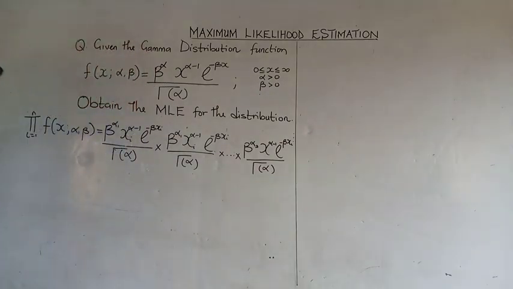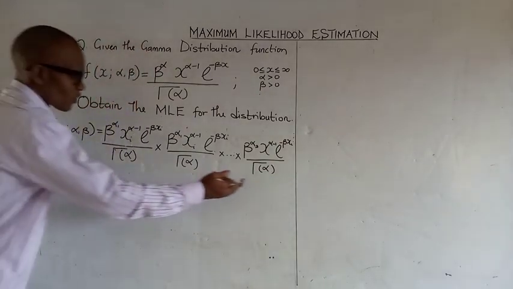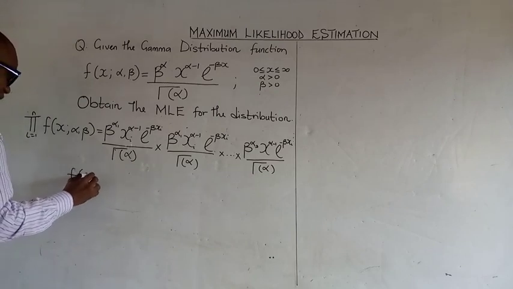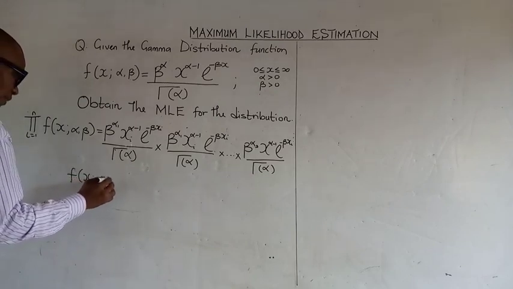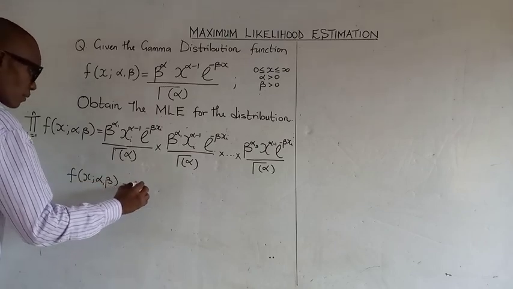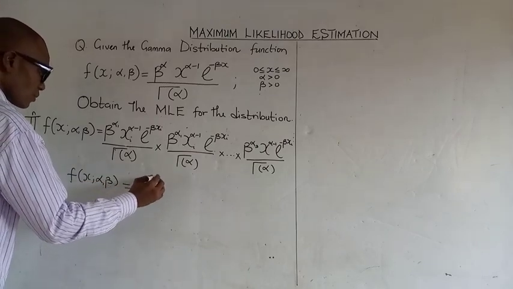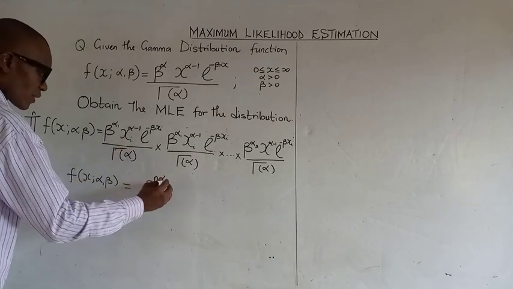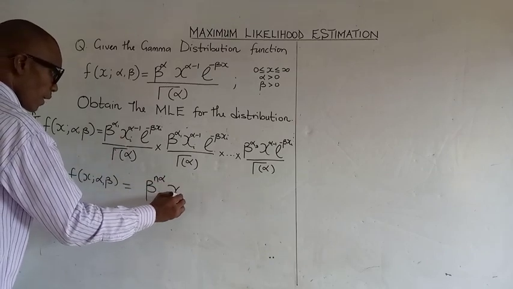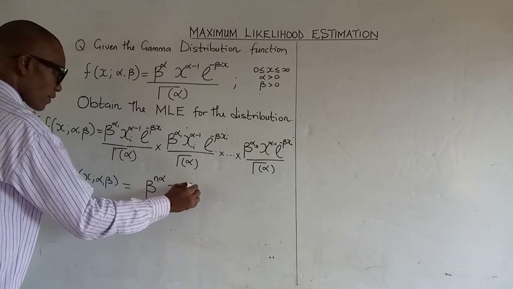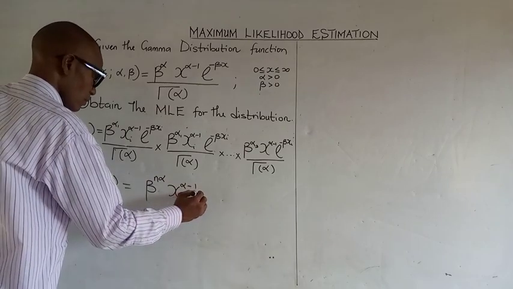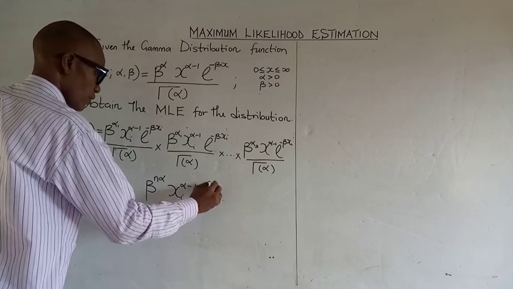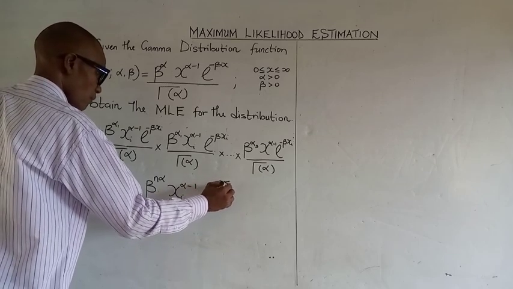All over this. So to put this together, we have our function to be alpha beta, to be beta n alpha, because this is the constant, product of xi alpha minus 1, exponential minus b.